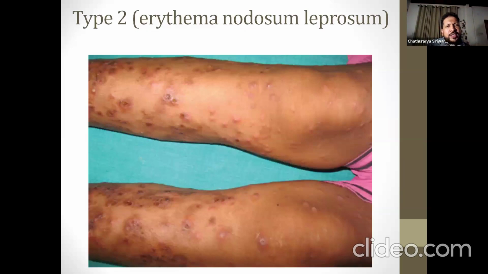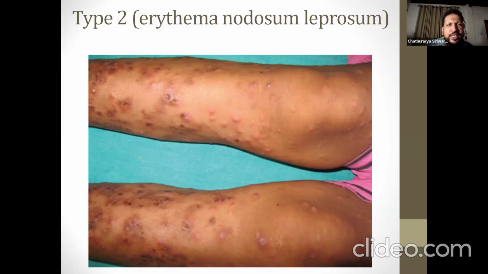So type 2 reaction is due to circulating immune complexes. And this, as a result, is more common in lepromatous leprosy, unlike the former ones, which are common in the borderline groups. So they come with subcutaneous nodules, which are especially on the lower limbs. It's similar to what we call erythema nodosum, which is again due to circulating immune complexes, and which also comes with subcutaneous nodules.